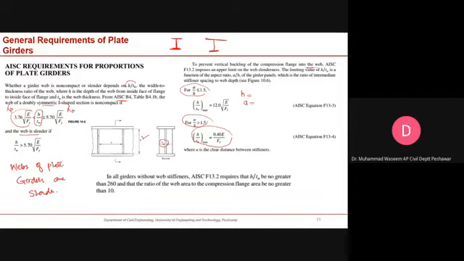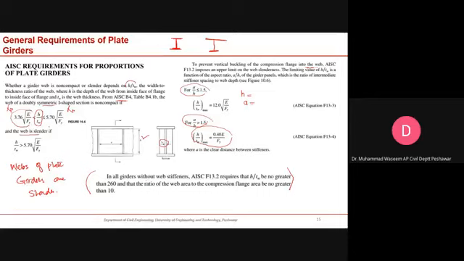For the sake of your information, I have this slide. If you want to avoid it, okay, but if you want complete information, just read it, that this is an additional requirement on the web.